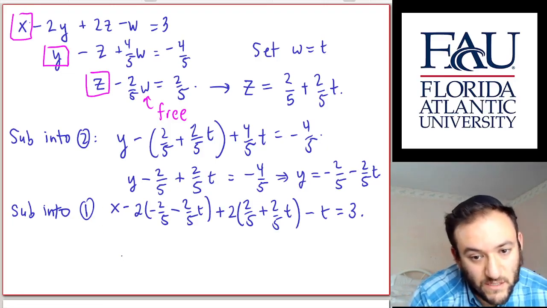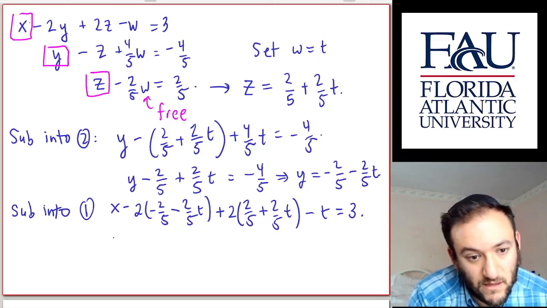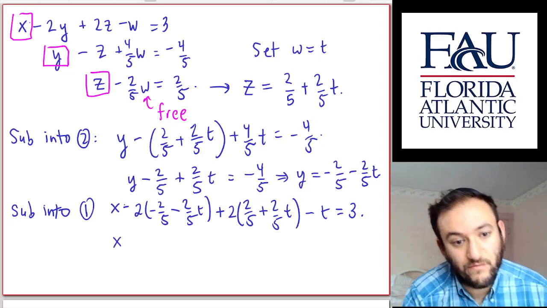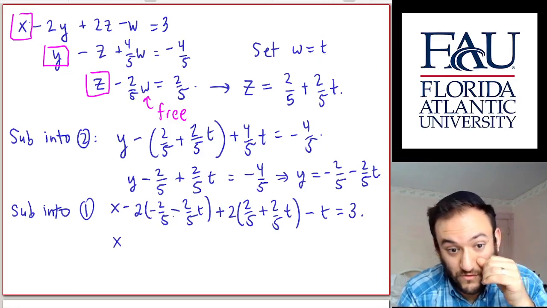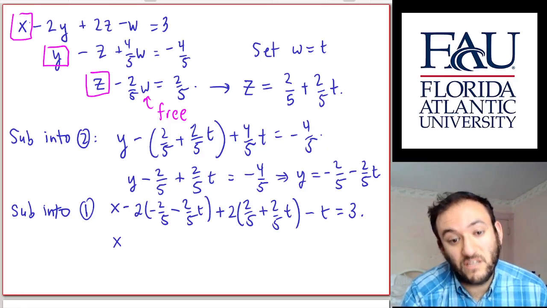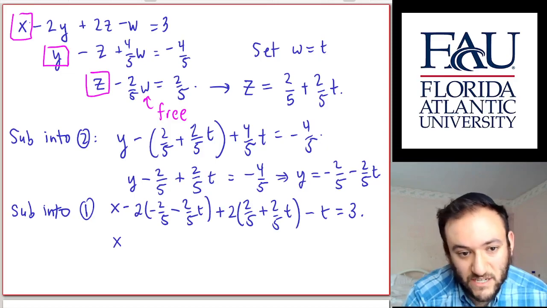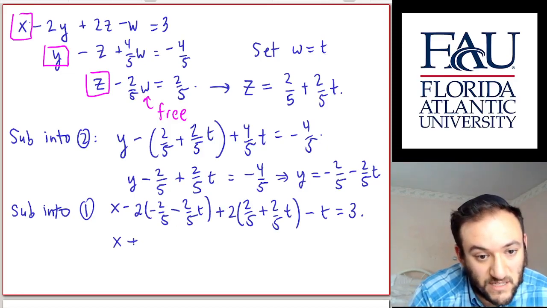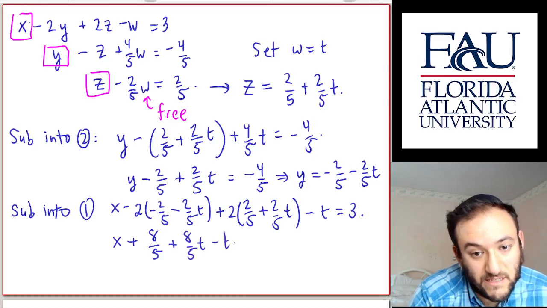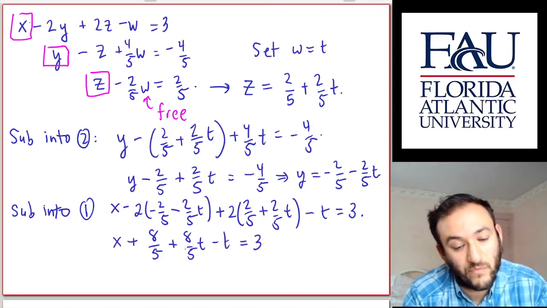Okay, and so what we find is that it's minus 2 times minus 2/5 minus 2/5 t, and then plus 2 times the positive of that. So it's actually just plus 4 times 2/5 plus 2/5 t. So this is plus 8/5 plus 8/5 t minus t equals 3.